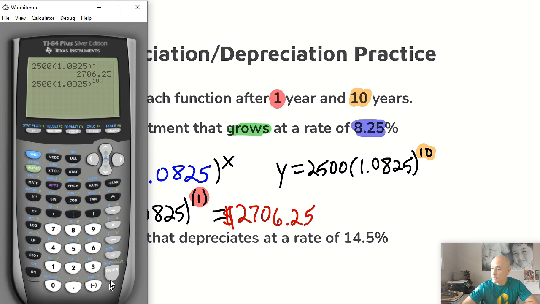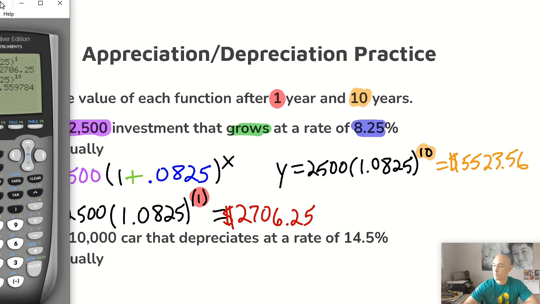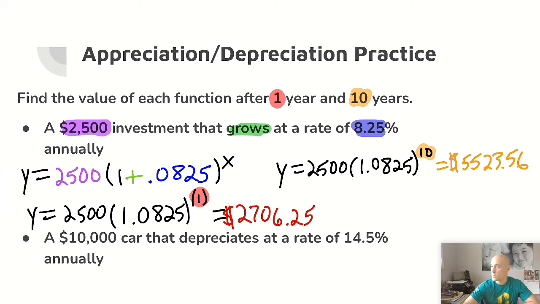Just put in a 0, that's to the 10th power. And so it's going to be about $5,523.56. All right. Are there any questions on those two?